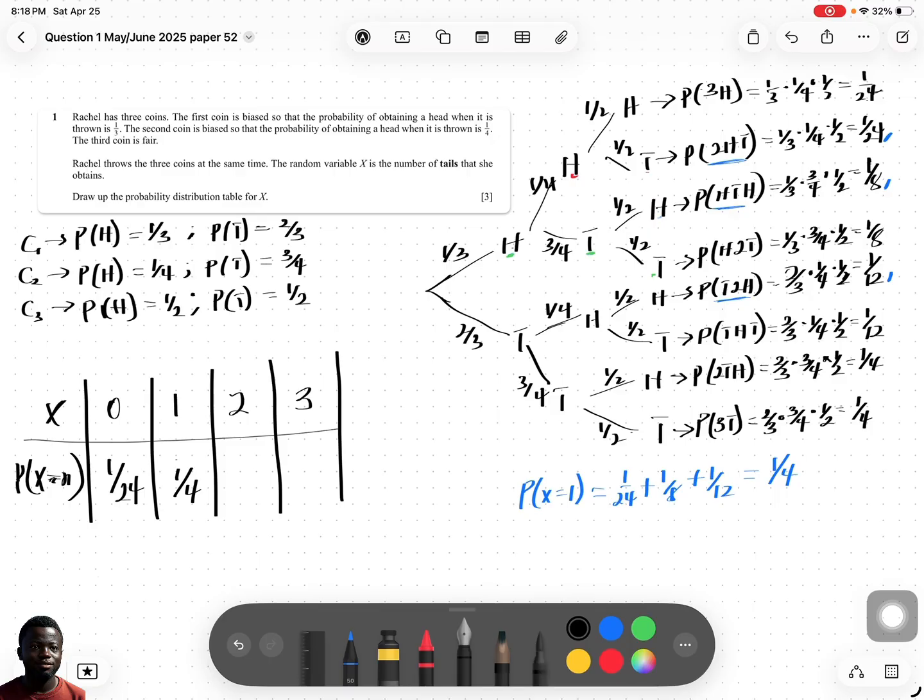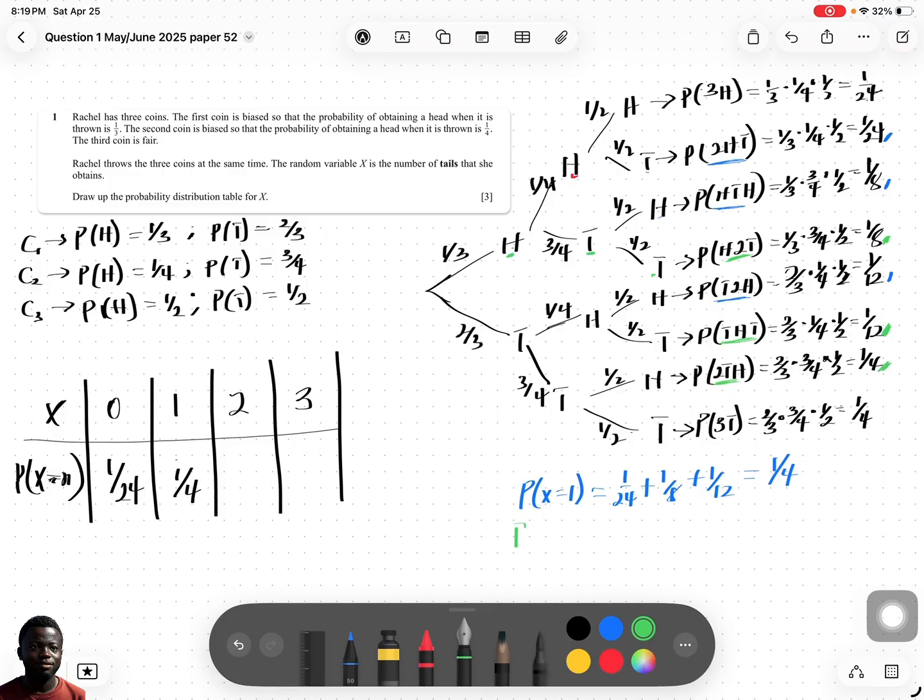Then we come to when x is equal to 2. So when x is equal to 2, we go back to our tree diagram. That is, we're looking at the cases where we have 2 t's, right? So we have this one, as we can see, 2 t's there. We have this one, we can see th and another t, so we have 2 t's, right? Then we can see this one as well, we have 2 t's and h. So we're going to add their corresponding probabilities and put it under x is equal to 2.